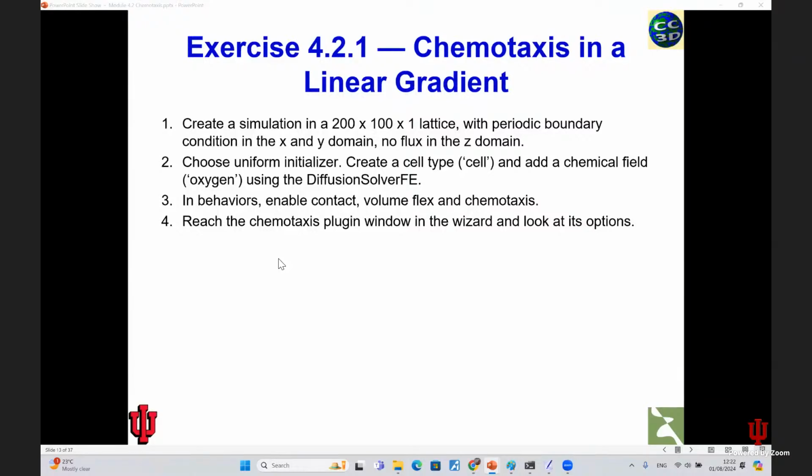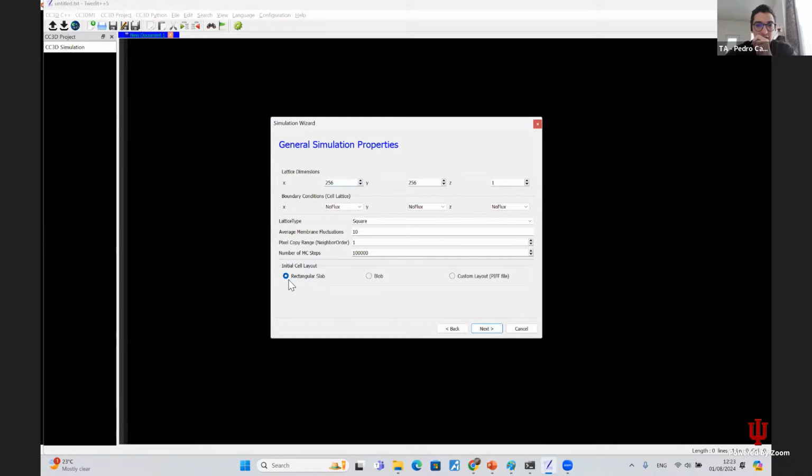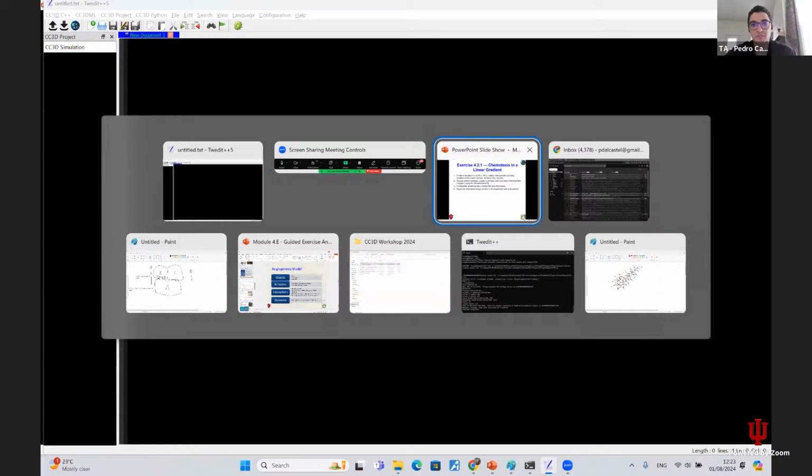Where is the uniform initializer? The uniform initializer is the rectangular slab option. This one. This will give you the uniform initializer.